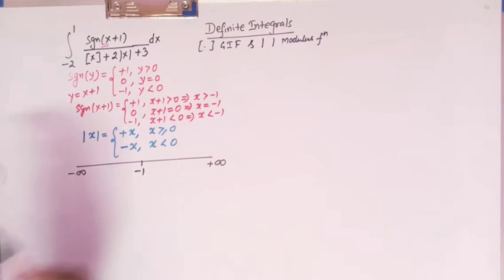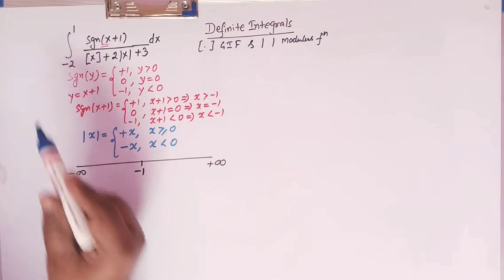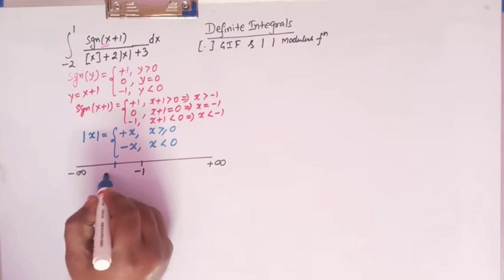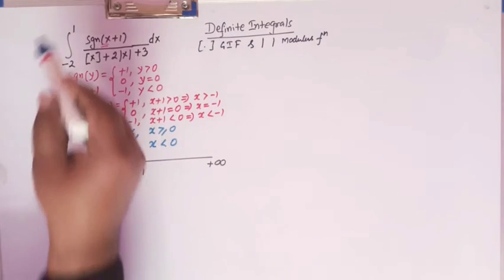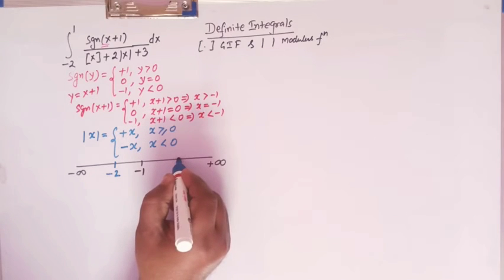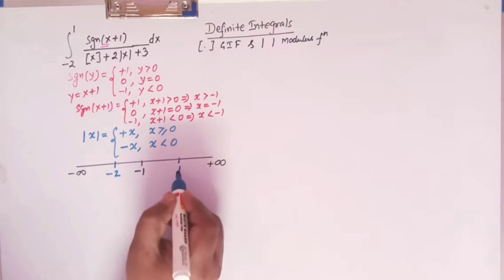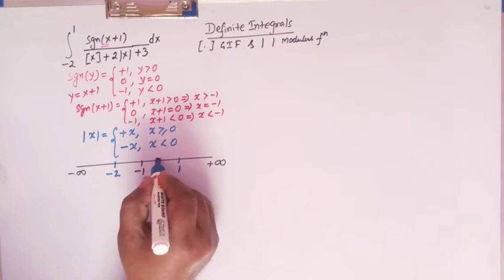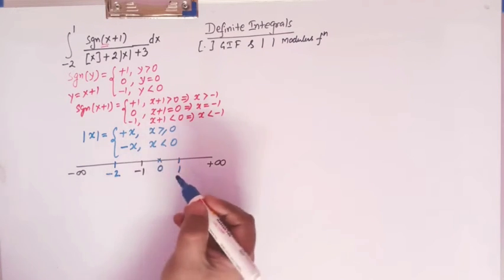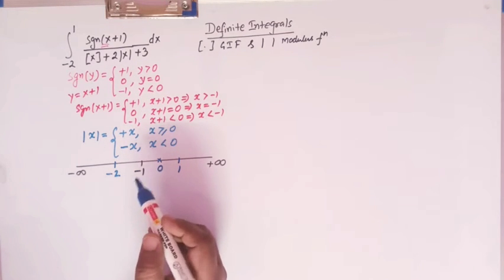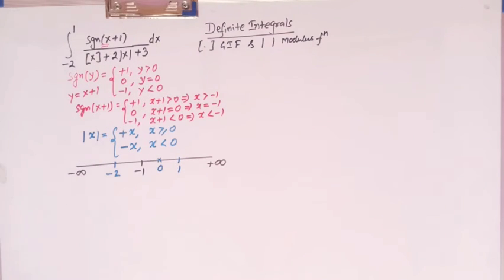The lower limit, -2, lies somewhere here, and the upper limit, 1, lies somewhere here. And between -1 and 1 we have the integer 0, which will be utilized for the greatest integer function.